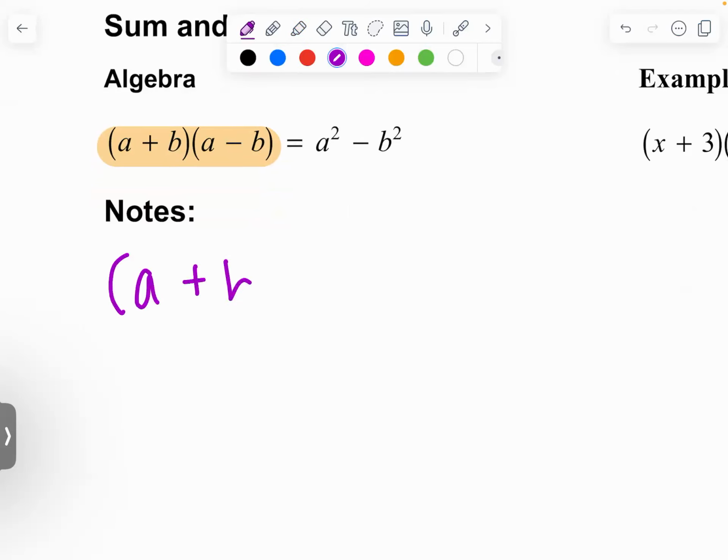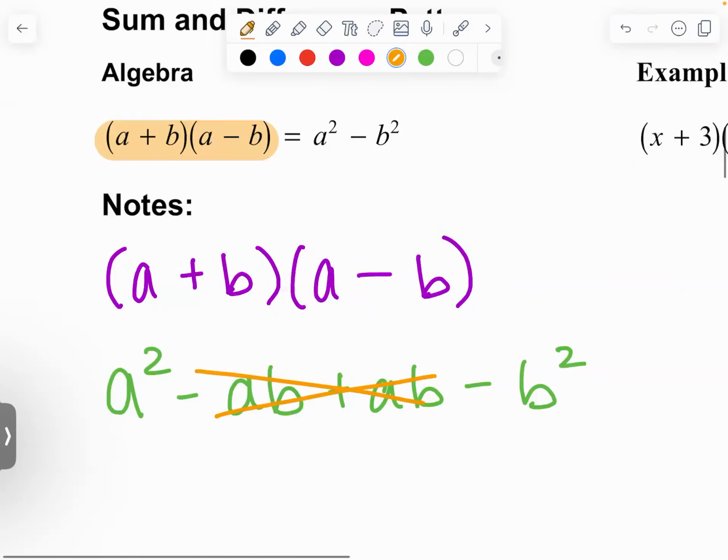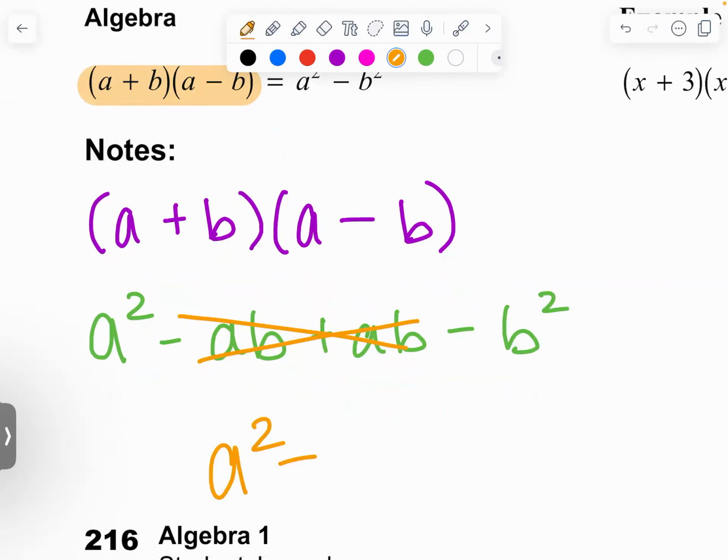This is something that we noticed on our intro activity. a times a is a squared, a times negative b is negative ab, b times a is a positive ab, and then b times negative b is negative b squared. So what happens? These cancel and we're left with a squared minus b squared.